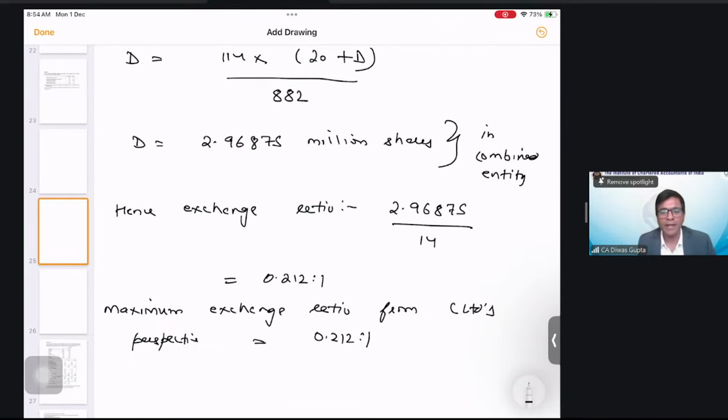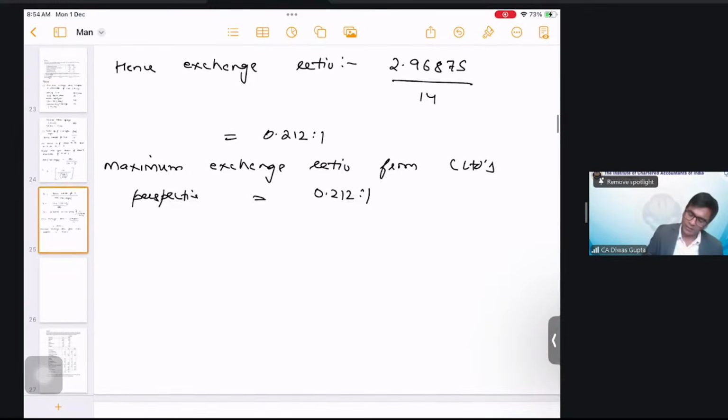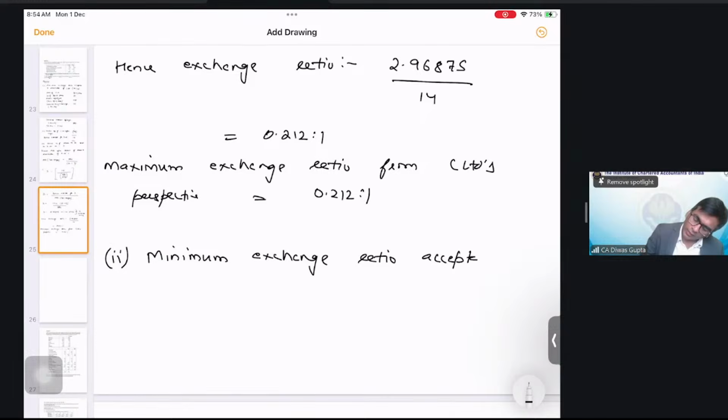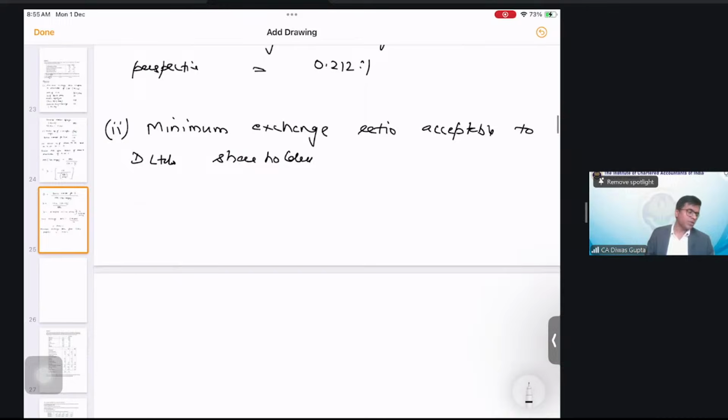Now similarly, we will calculate the minimum exchange ratio acceptable to D Limited. And please do remember, now in such a case, the PE ratio is being changed to 9 times. So the minimum exchange ratio acceptable to D Limited's shareholders is how much?